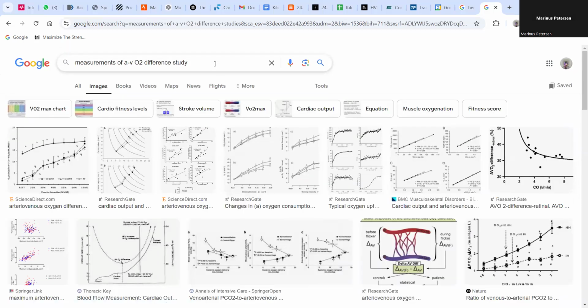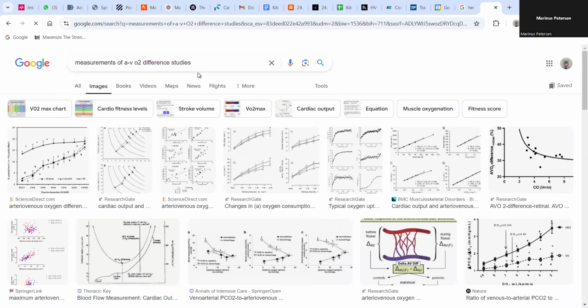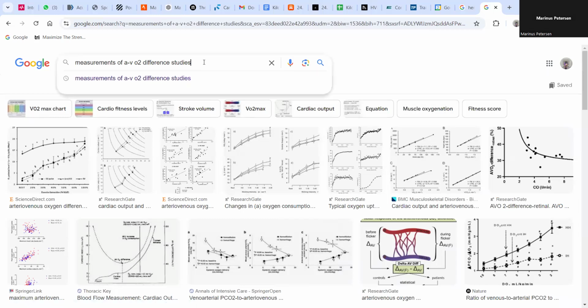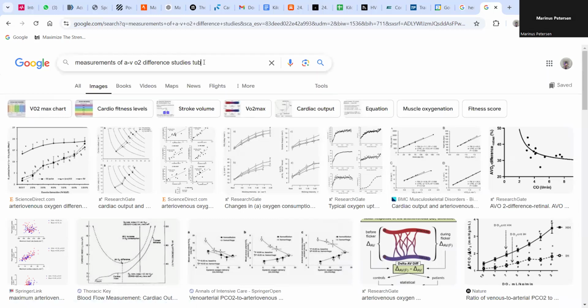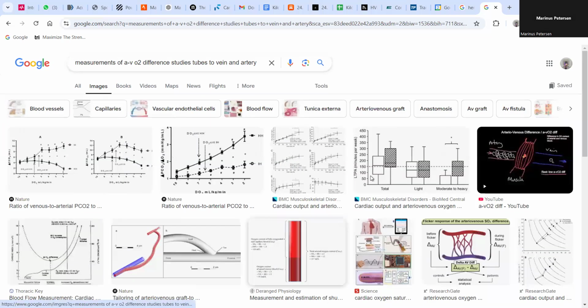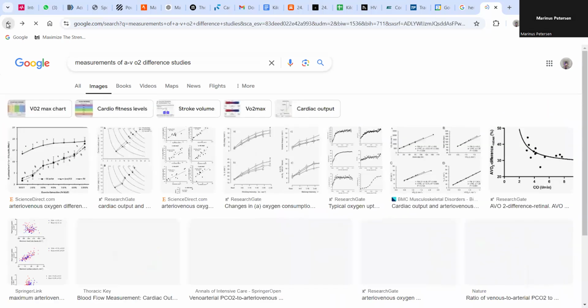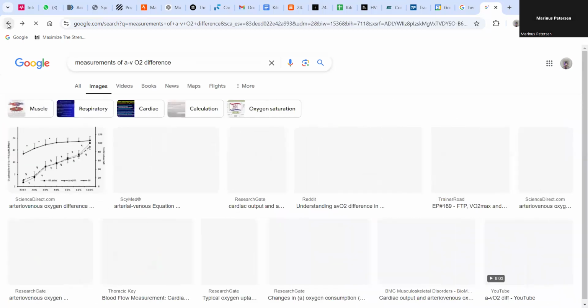Measurement AVO2 difference study. That didn't do it, did it? Tubes, vein and artery. We're not going to get that, it's going to be too hard. Okay, anyway.